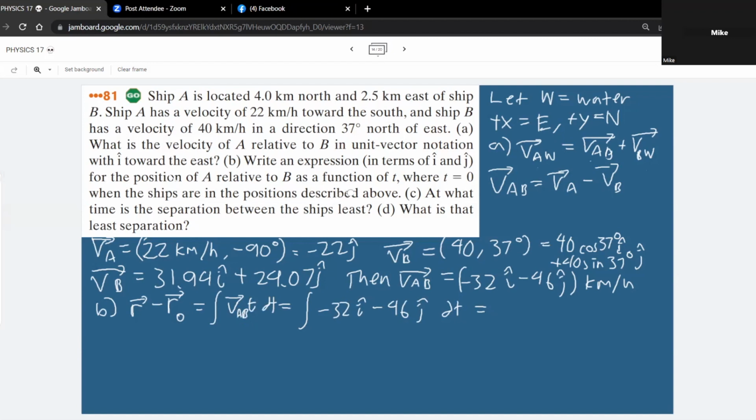Tapos, yung vector na R, I think para clear, gawin mo lang na R sub AB. So R sub 0, and then R sub AB. So magiging negative 32.